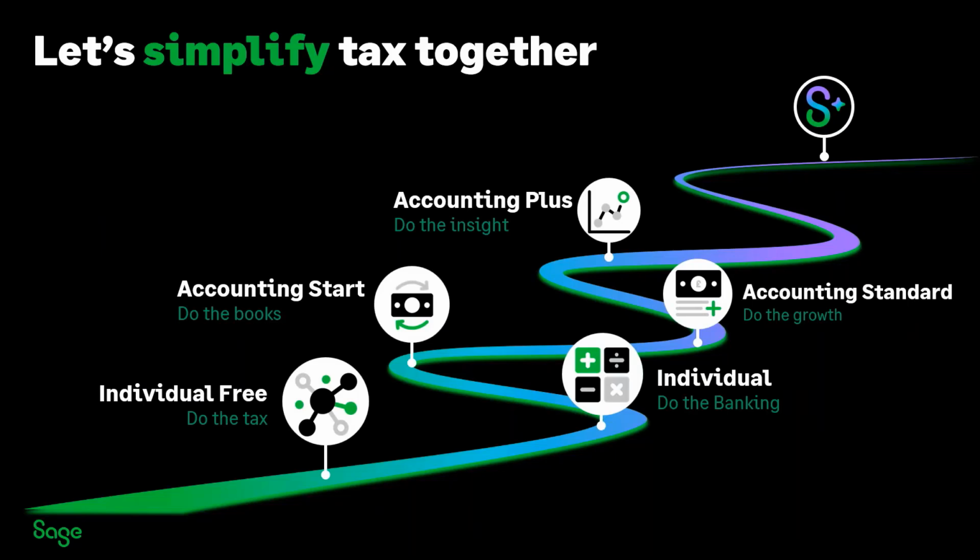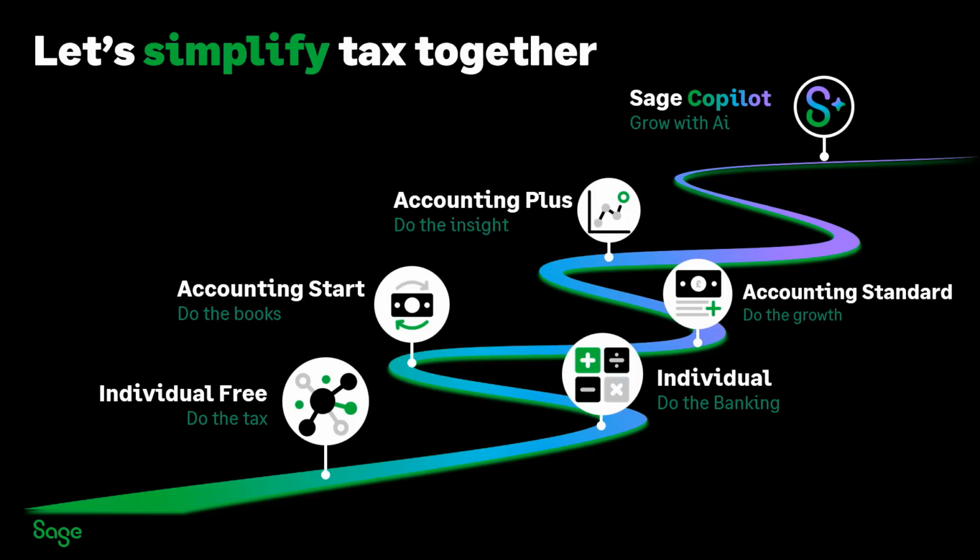It gets your transactions recorded digitally so you can submit your quarterly updates to HMRC and your final tax return. Then we've got Sage Accounting, your Start, Standard, and Plus, which are 3 different levels based on what sort of features you want access to. What is really good is that all of these products have access to Sage Copilot. That's the AI features, providing insights and even more automation.